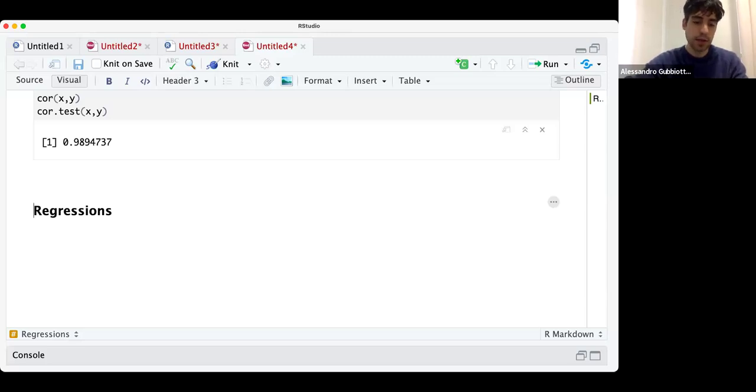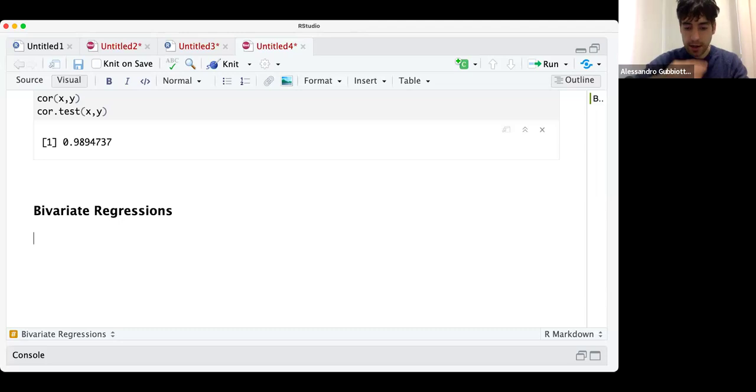So we start with bivariate regressions, and in particular, we will do the linear regression because we will not have time to do other kinds of regressions like logistic, but probably we will do mixed effect models, which is a good topic.